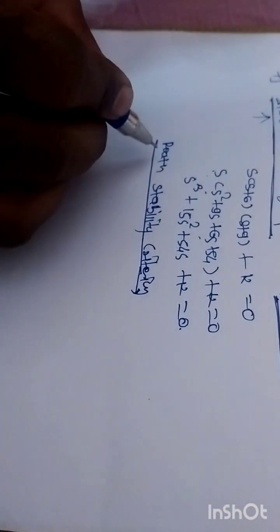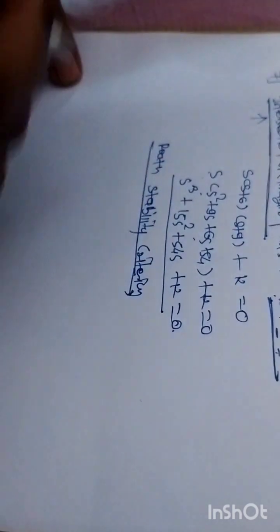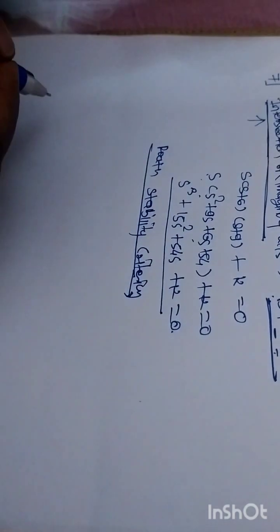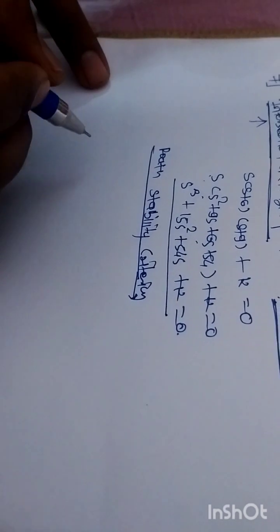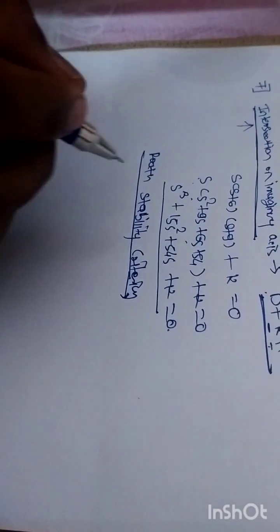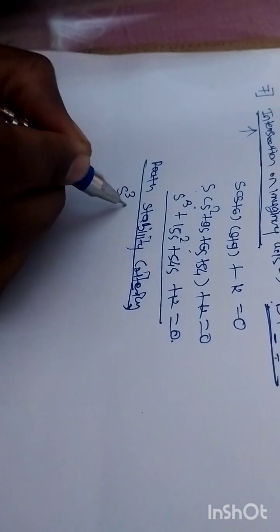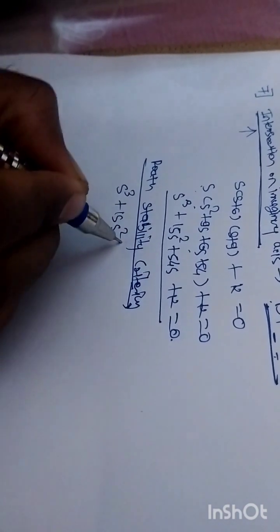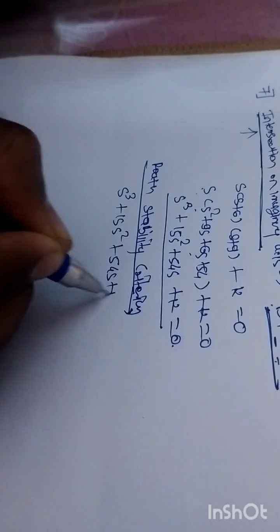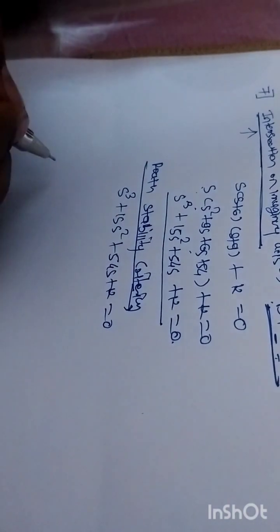Here we need to declare the Routh array from this characteristic equation. In order to declare the elements of the Routh array, first of all we need to decide the coefficients of this characteristic equation, s raised to 3 plus 15s square plus 54s plus k. Here the highest power of s is 3.